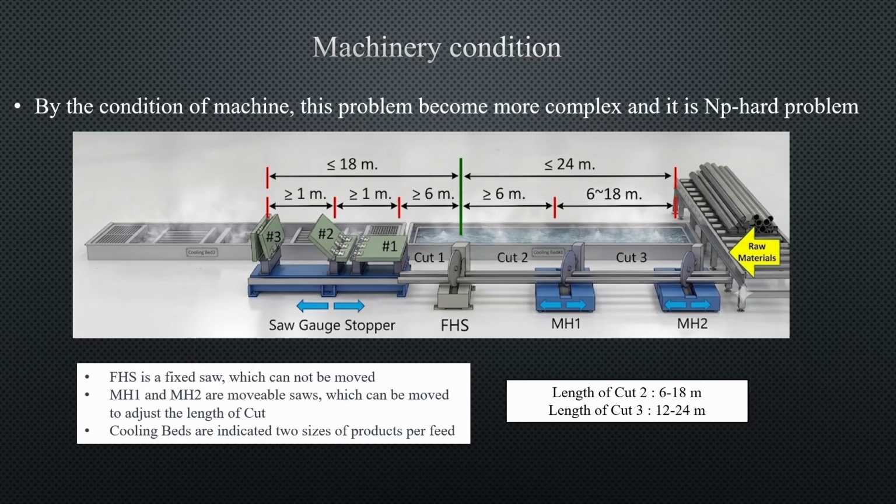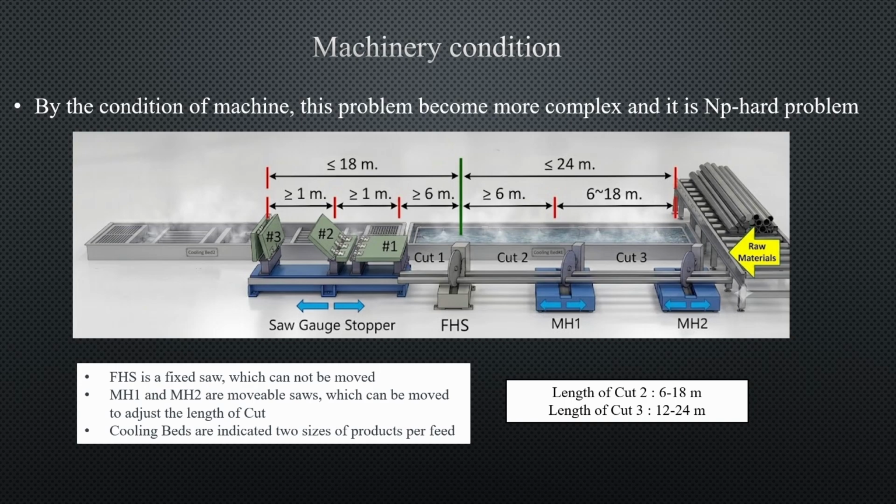As illustrated in the figure, the cutting system consists of three saws: one fixed hot saw, we call FHS, and two movable saws, we call MH1 and MH2, positioned to the right of the fixed saw.